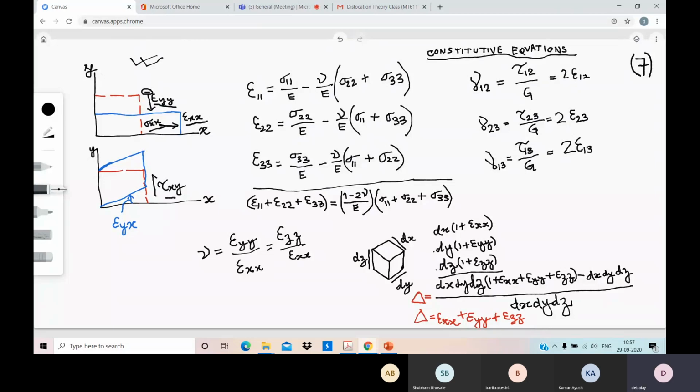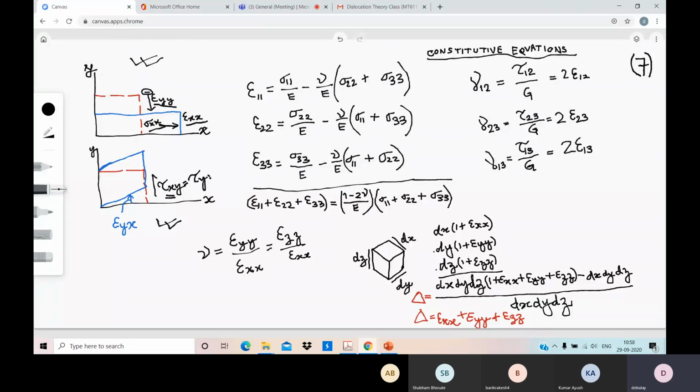Let us have a look at the second plot. What we are trying to show is that I am applying a shear stress, which I am writing as tau xy. Because it is acting on the x plane in the y direction, and tau xy, we know, is basically the same as tau yx.